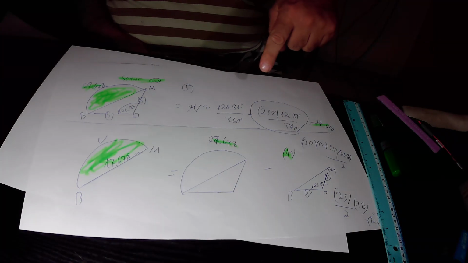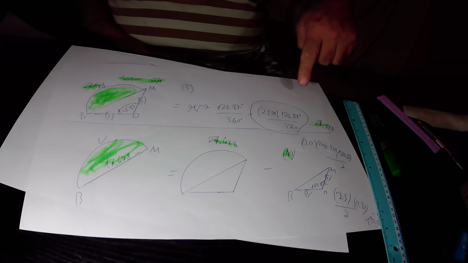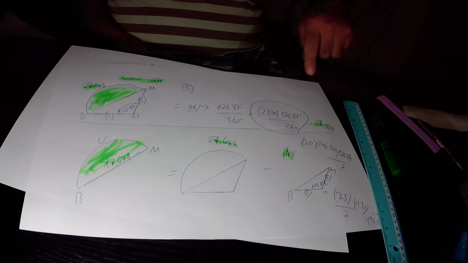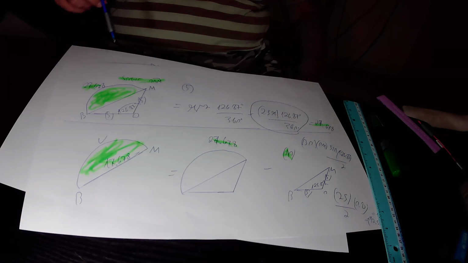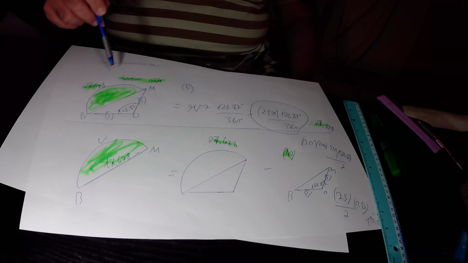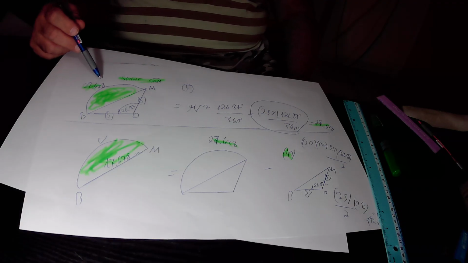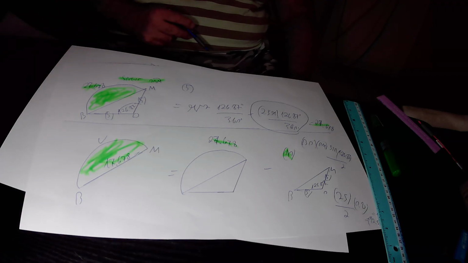The value of this expression is equal to 27.678 square units in size. So in total, we should know that the area of this sector OBM equals 27.678 square units in size.